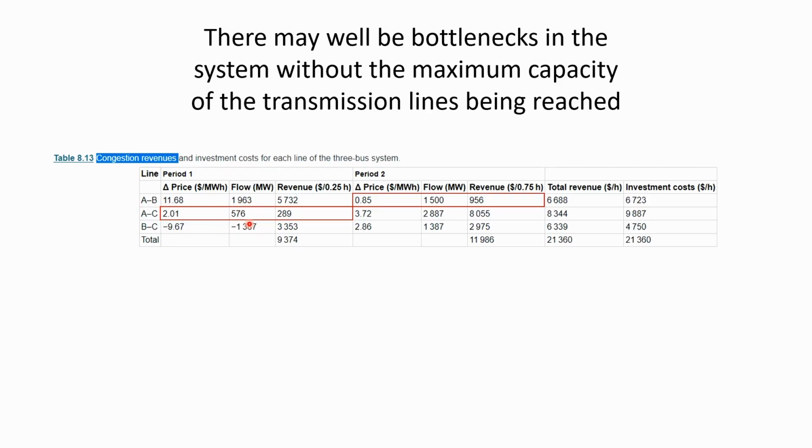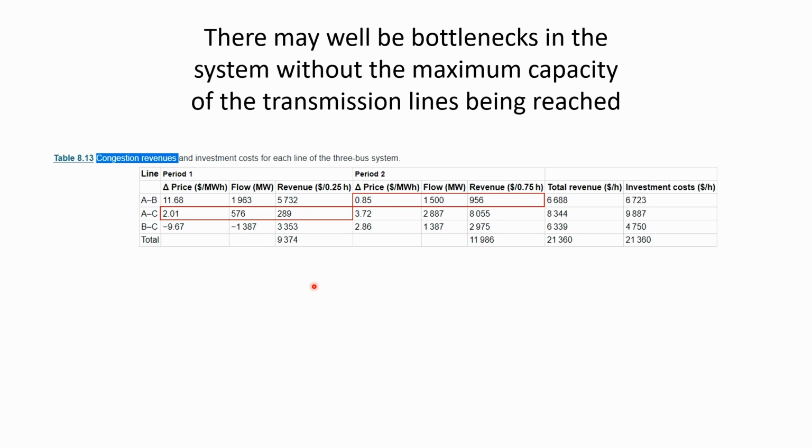So we cannot just say, okay, we want to send more from A to C in order to get the same prices in the two areas, because this would affect the power flow on the transmission between A and B, and it is already at its maximum.